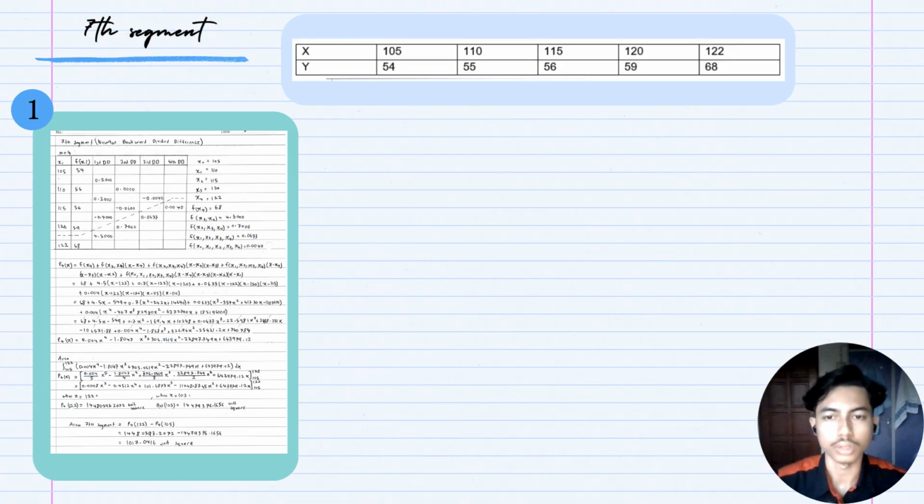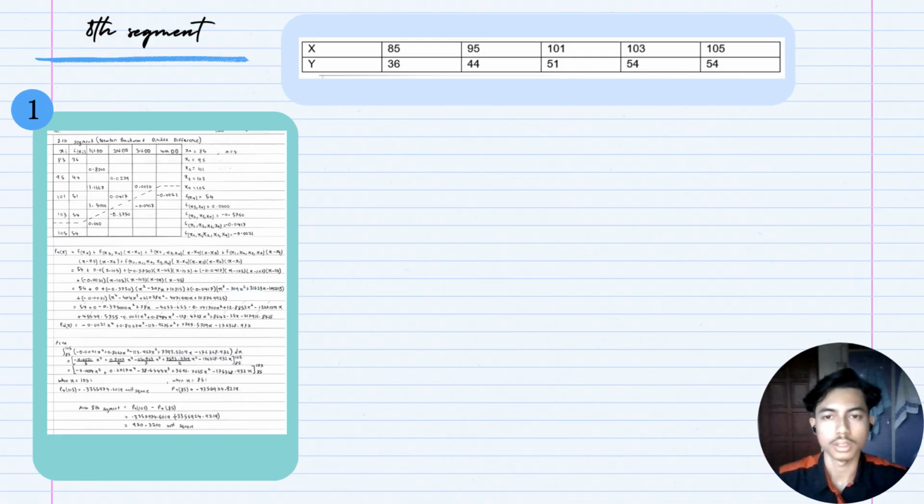After that, we use the Newton backward divided difference formula and insert all the values, and then integrate using the limit from the x to find the area, which is 1017.0416.